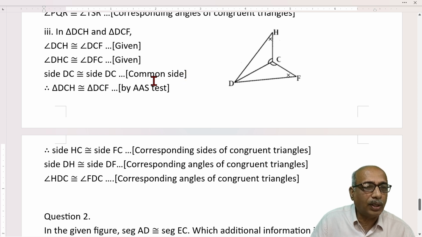DC is common side. Therefore, these two triangles will be congruent by which test? SAA or AAS test. These two triangles will be congruent by AAS test.